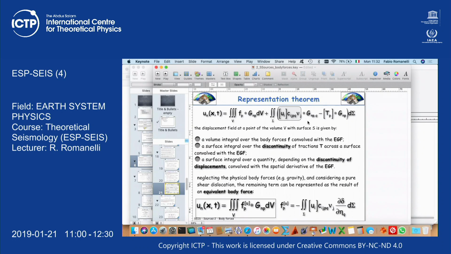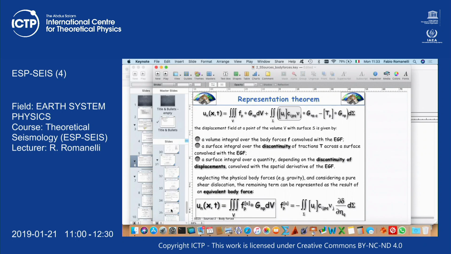That was the most general expression of the representation theorem. The first term was related to real body forces, gravity, out of the game. This term was related to discontinuities about stresses on the fault, like openings, out of the game. So we were left with this, okay?